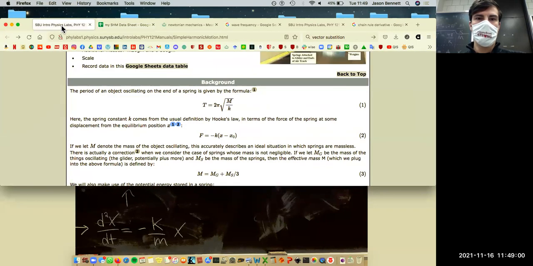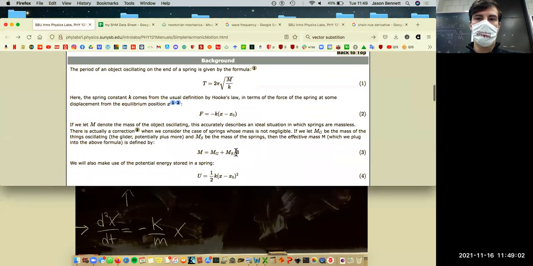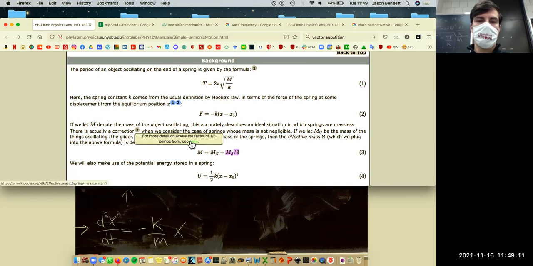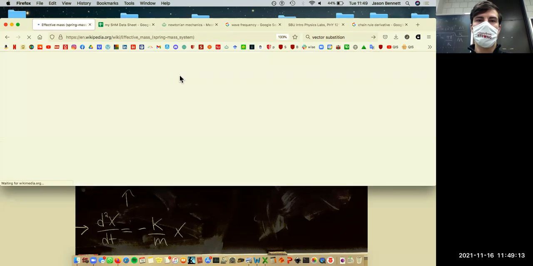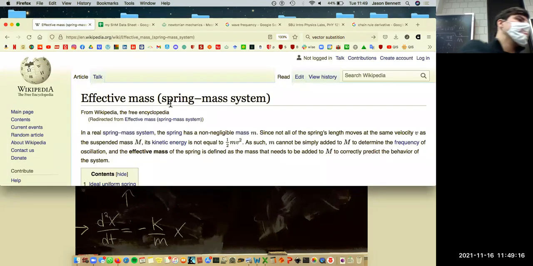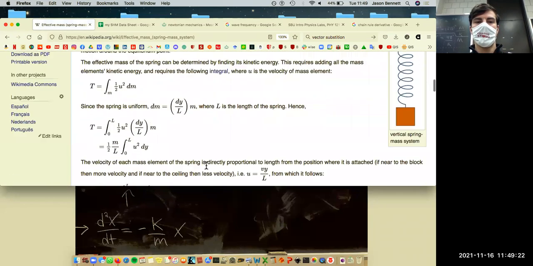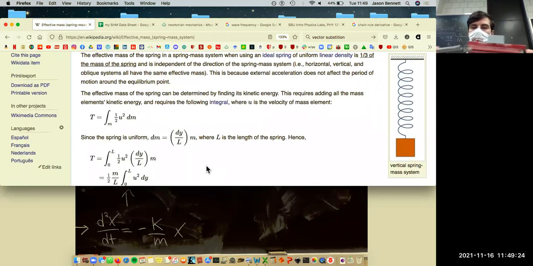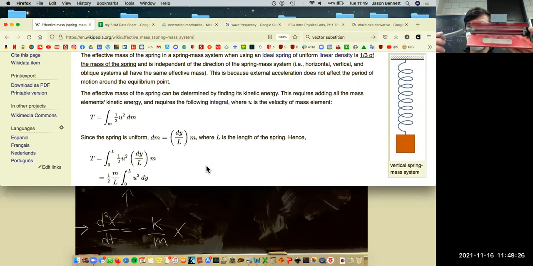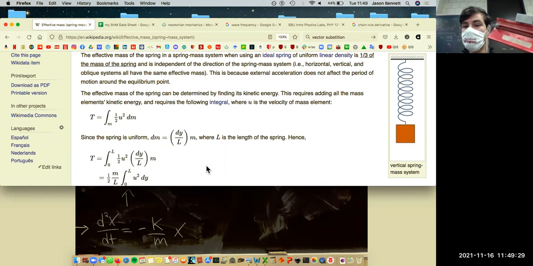The only other aspect of things is this annoying 1/3. This factor of 1/3 that you see here, it's an okay explanation. It's this thing called the effective mass, and a way I can tell you in English instead of reading this whole derivation, which is too much, is that not only does the cart have mass, and so if the cart is moving it has kinetic energy, the springs are not massless.